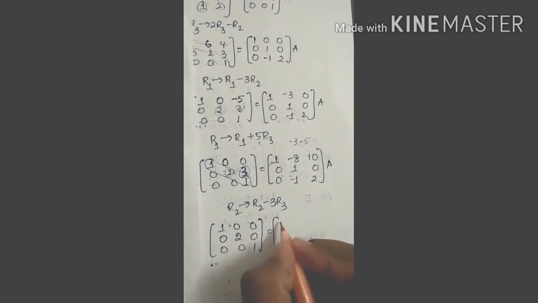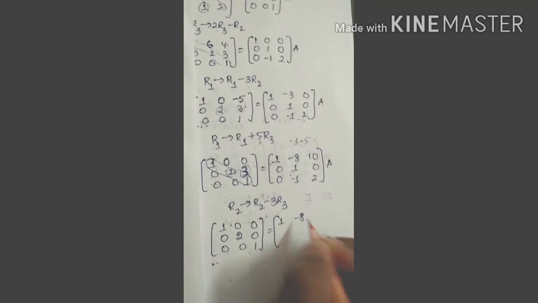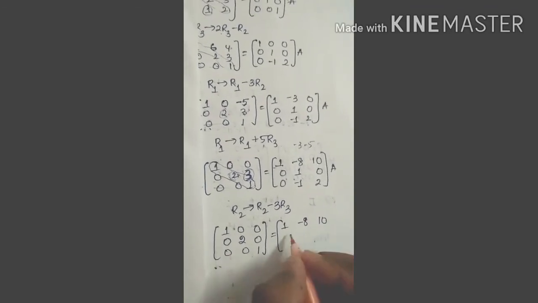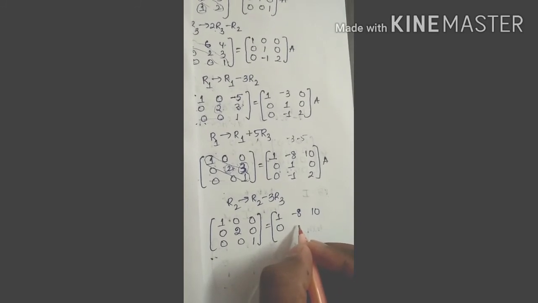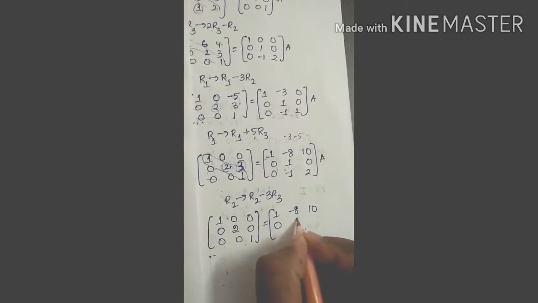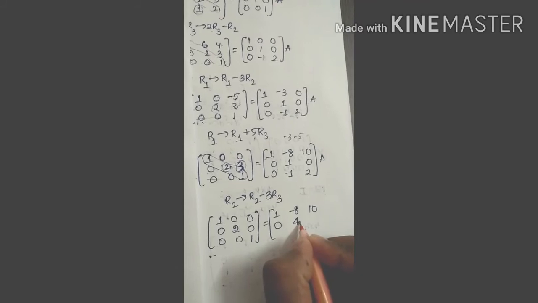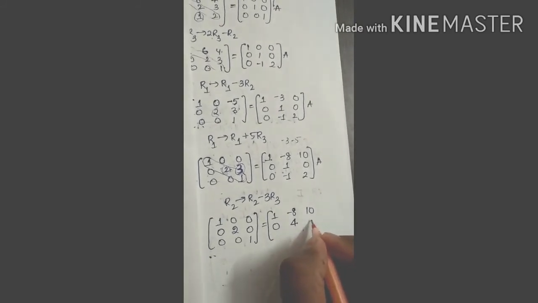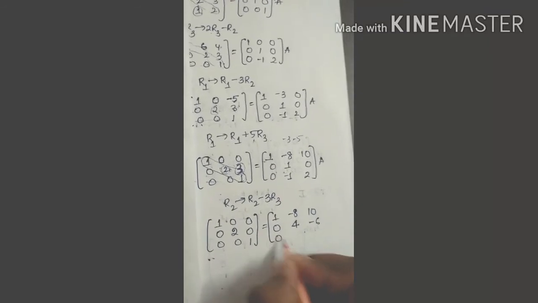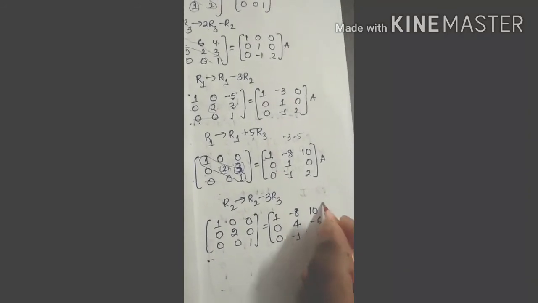Here also there will only be changes in R2, no changes in R1 and R3. 0 1 minus into minus plus 3, 4 0 minus 3 into 2, minus 6, 0 minus 1, 2.